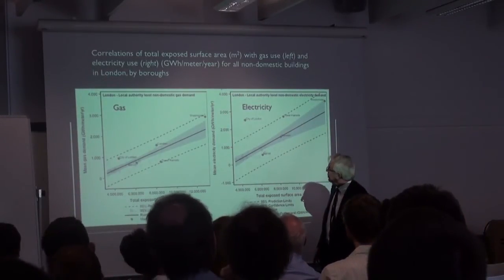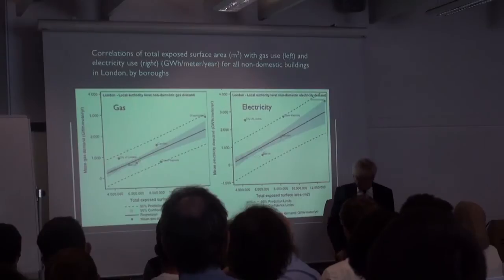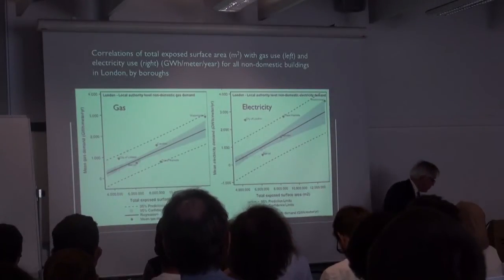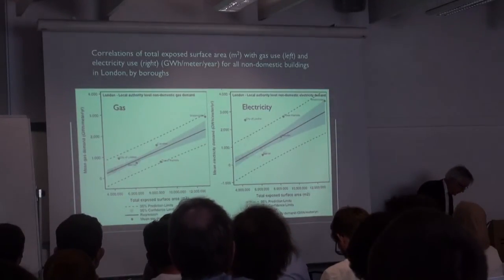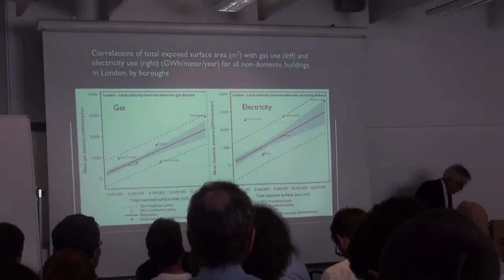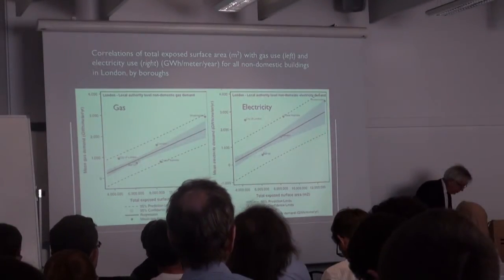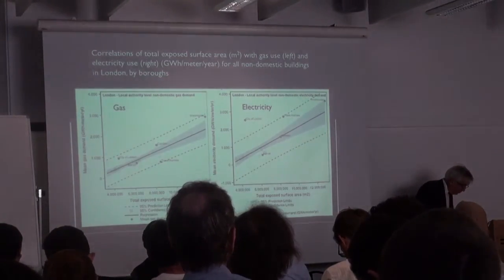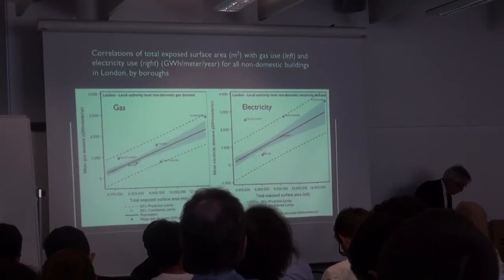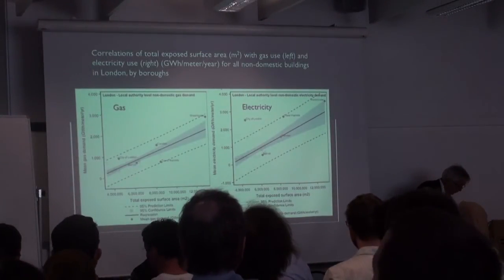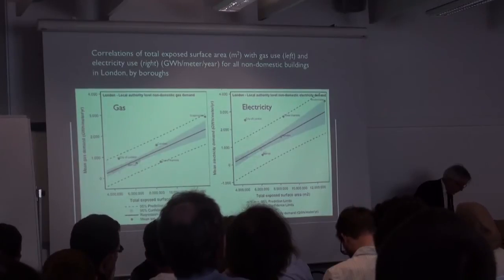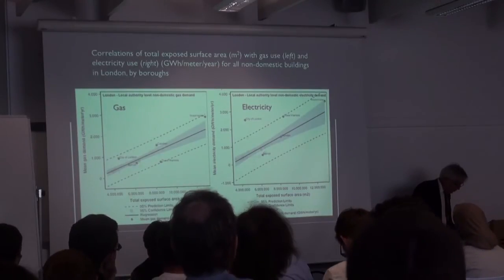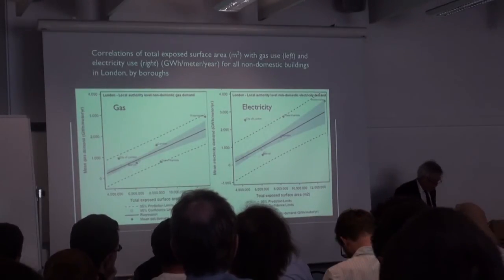And you can see there's a strong relationship. I can't remember what it is, but it's quite a high statistical relationship. Yes, for gas and electricity, the correlation coefficients are 0.82 and 0.76.